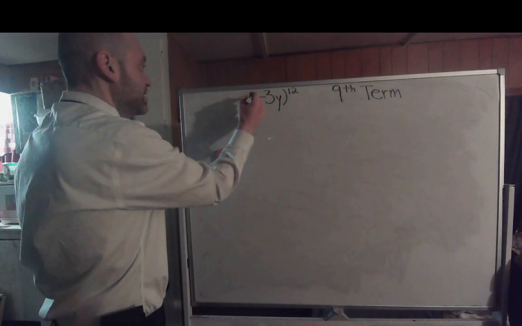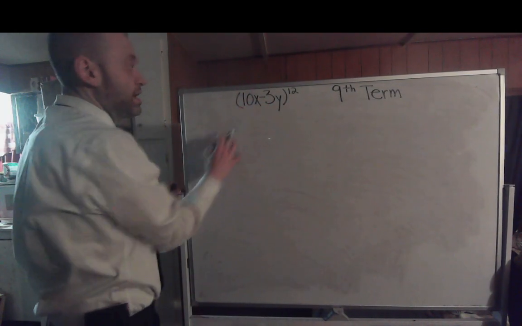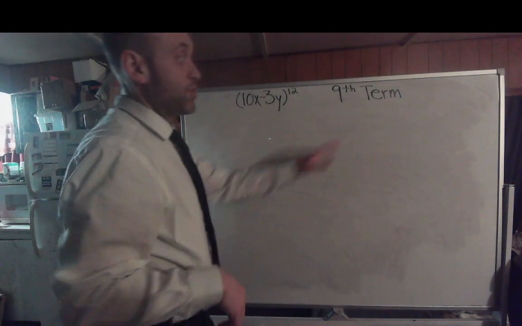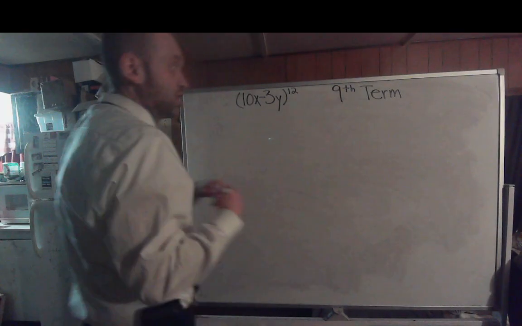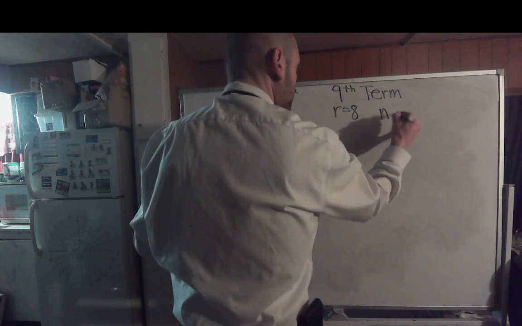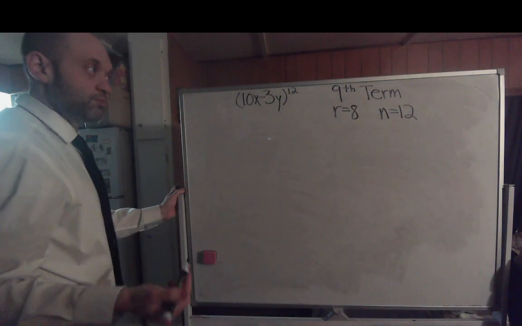I missed the x. That'll be 10x minus 3y raised to the 12th power, okay? Well, remember, your r is always 1 less than the term you're seeking, so 9 minus 1 is actually 8. Your n is the power that you raised the binomial to, so your n equals 12. Now that we have that information, we can proceed.